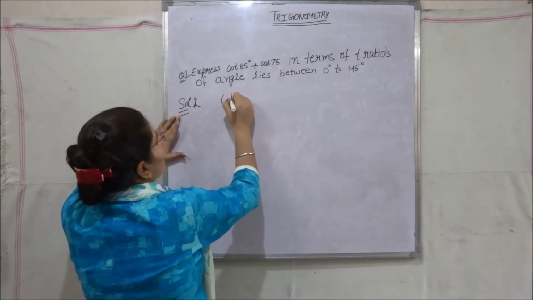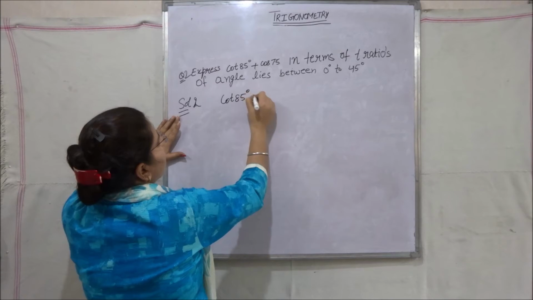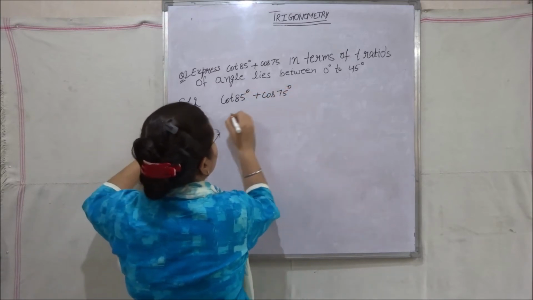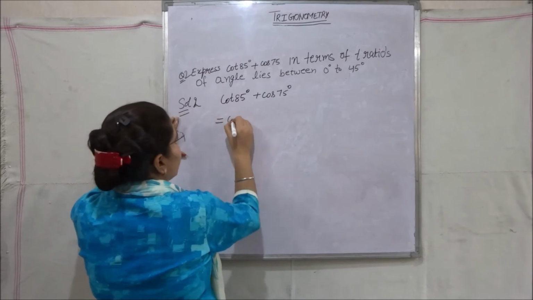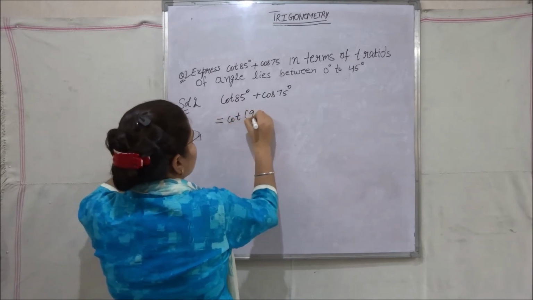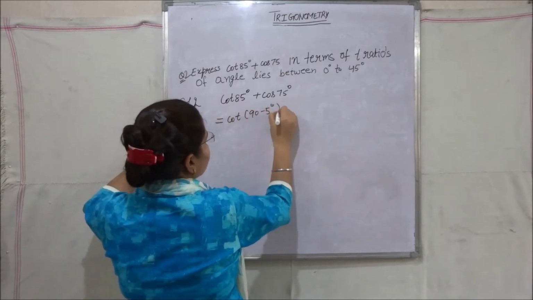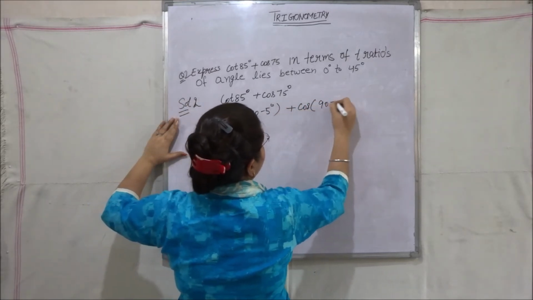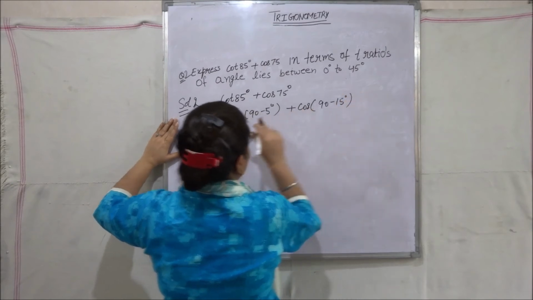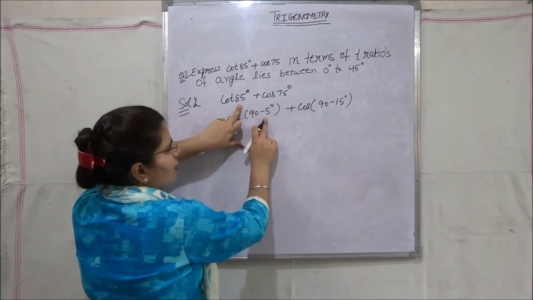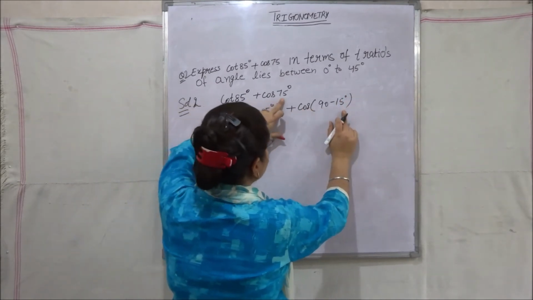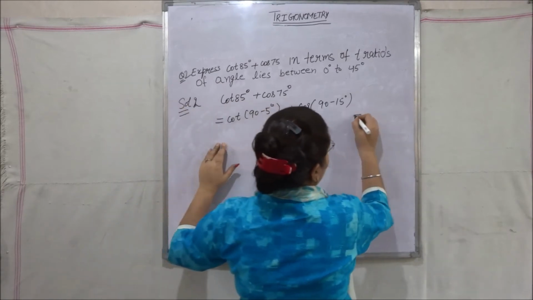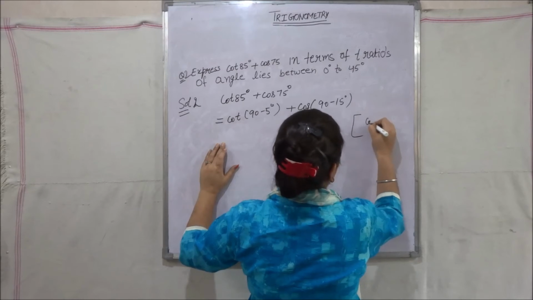So cot of 85 degree plus cos of 75 degree can be written as cot of 90 minus 5 degree plus cos of 90 minus 15 degree, because 90 minus 5 is 85 and 90 minus 15 is 75.